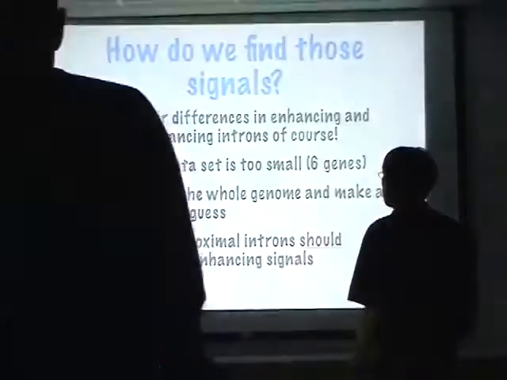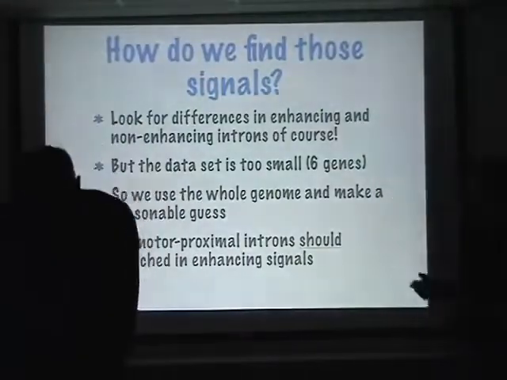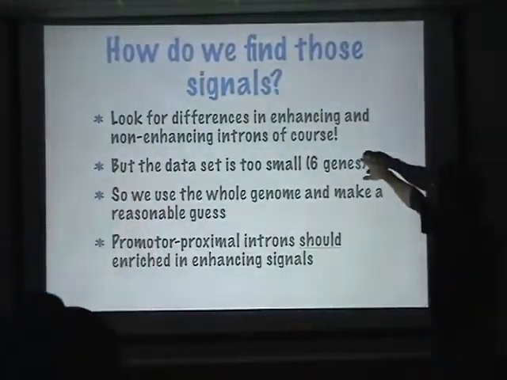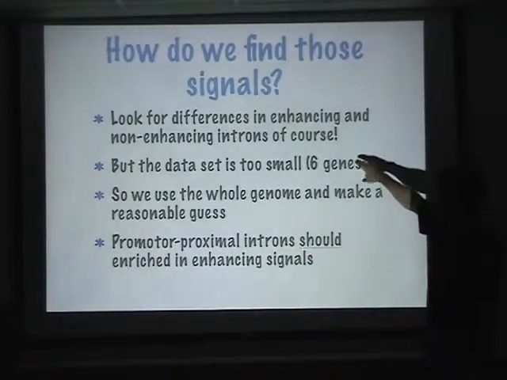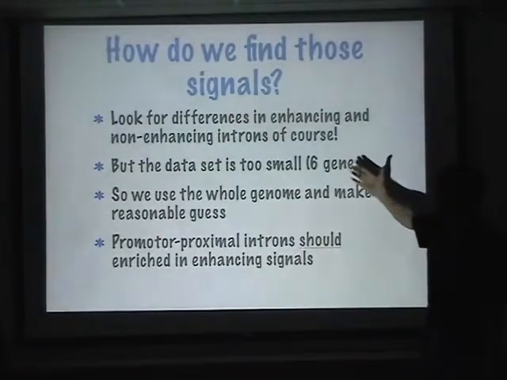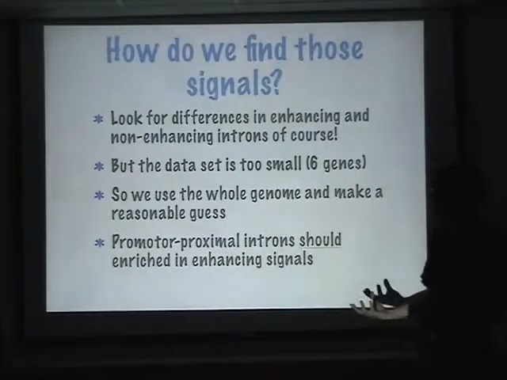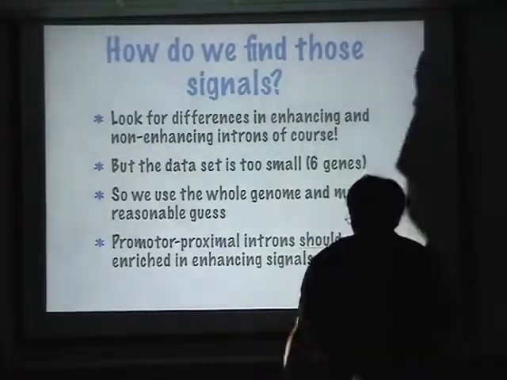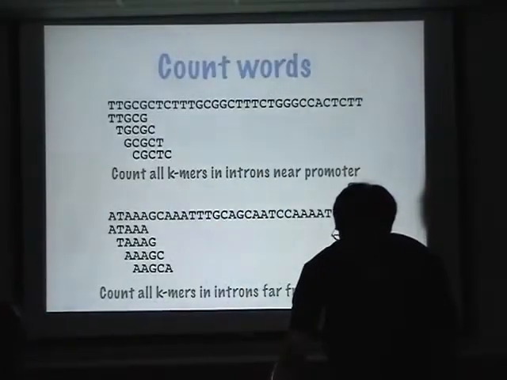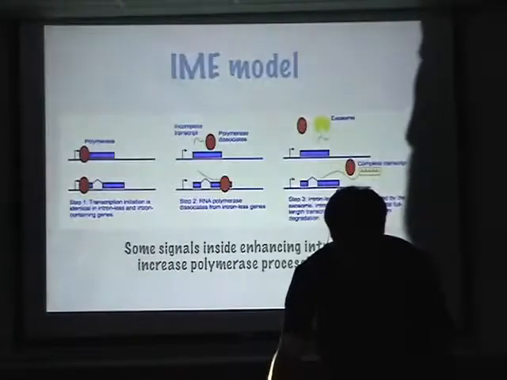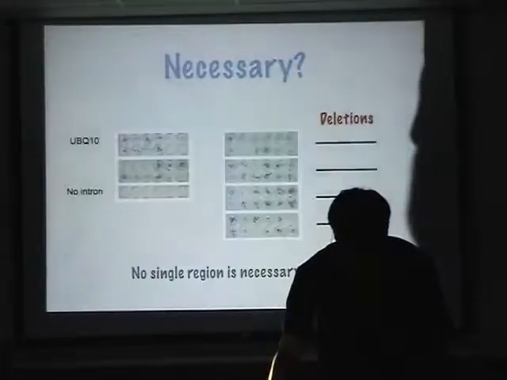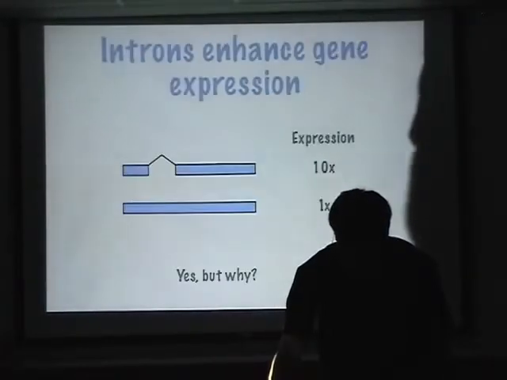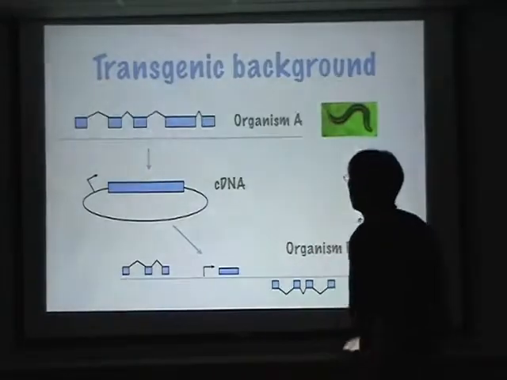So how do we find these differences? We're going to look for differences in enhancing and non-enhancing introns. Our data set is really small, so we're going to use the entire genome is our idea. So let me go back to show you something here.